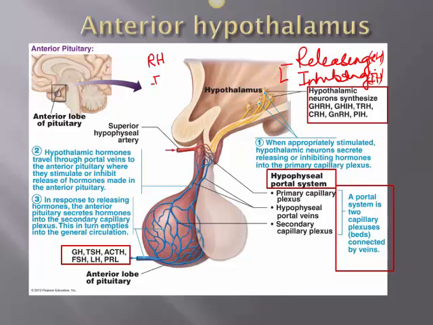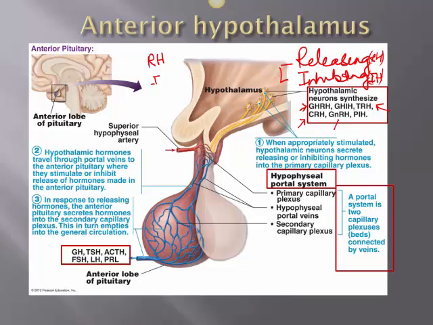So let's take a look at these releasing hormones. Growth hormone releasing hormone. Thyroid releasing hormone, TRH. CRH is corticotropin releasing hormone.